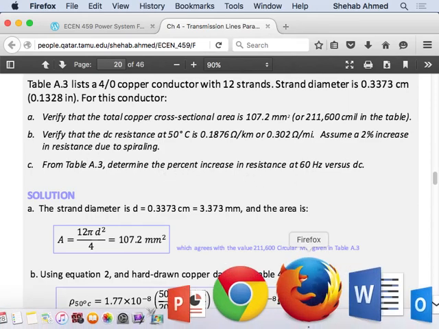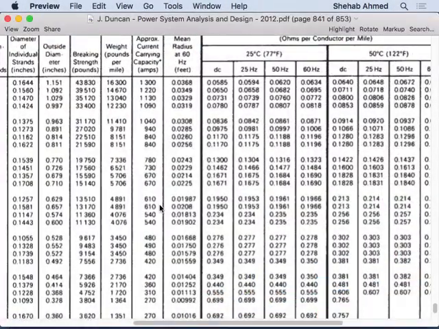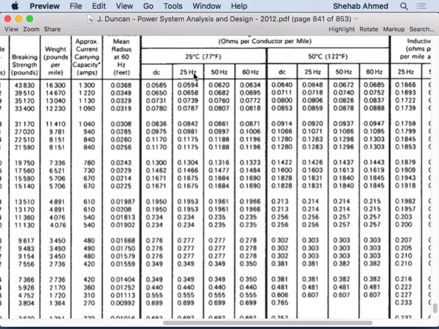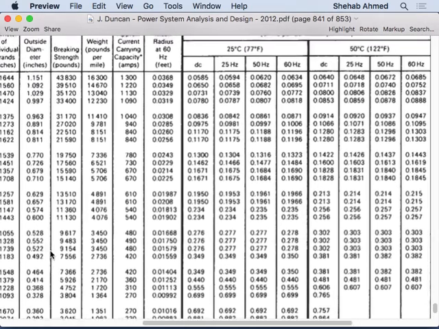If I go to the table here, for this 0.1328 conductor, they will give us the resistance at DC, at 50 degrees Celsius, right?